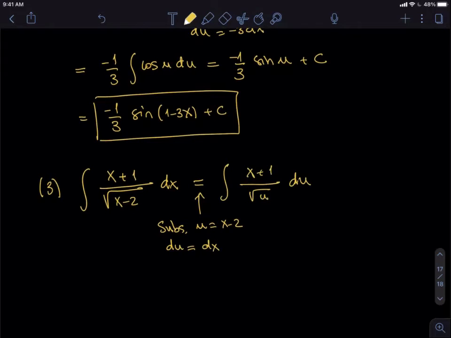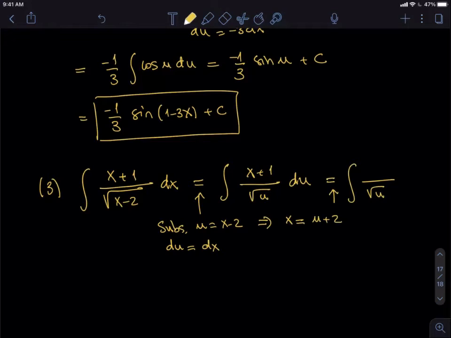And here we have a bit of a problem. You see what is happening? There are x's left. But x by the substitution is u plus 2. So we need to use that.